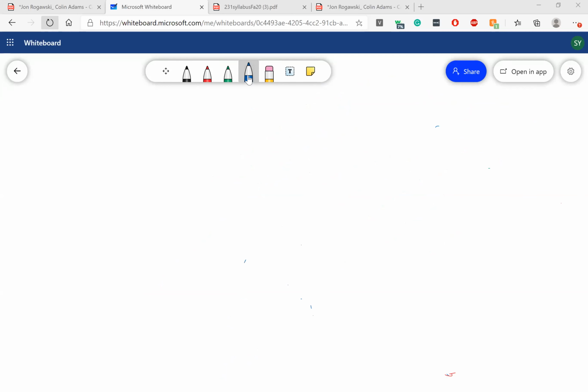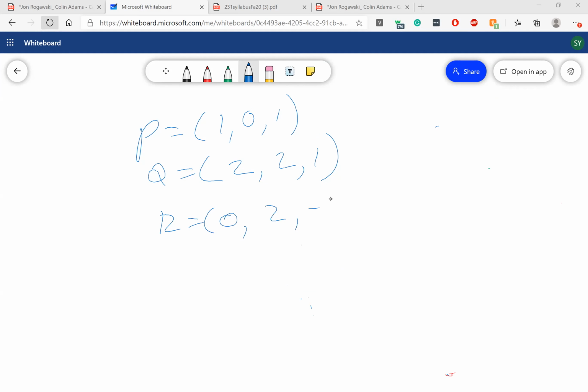So let's take our 3 points to be, so let's take P is equal to 1, 0, 1. Q is equal to 2, 2, 1. And R is equal to, let's say, 0, 2, -2. Okay.